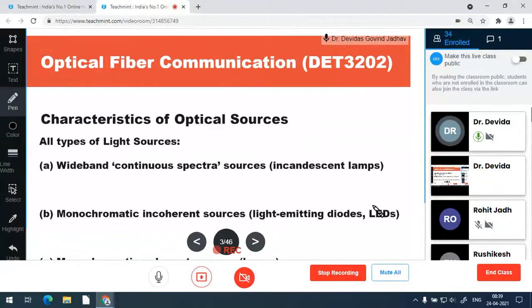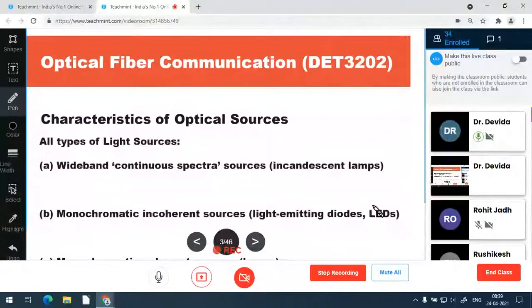So this is the first difference, area of emission. Second difference, LED has random radiation that we will check afterwards, but laser has in-phase radiation. Laser has all the photons almost in phase.